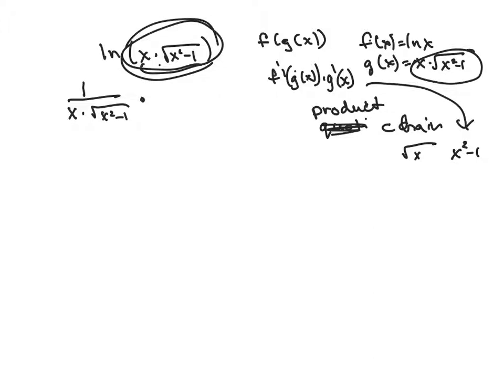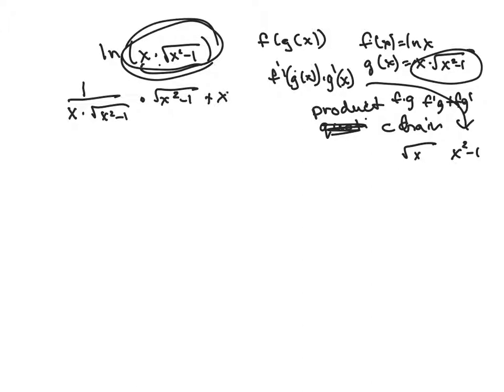And the product rule, if I have two functions, f times g, then it's f prime g plus f g prime. All right, so the derivative of x is 1 times g, which is square root of x squared minus 1, plus f, and then g prime is where I have to do the chain rule.